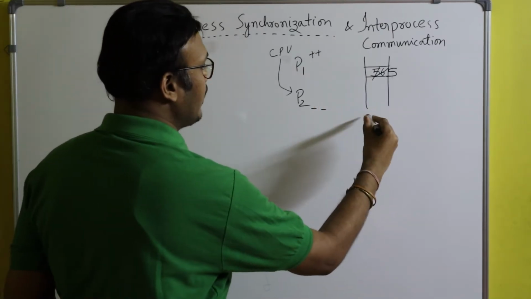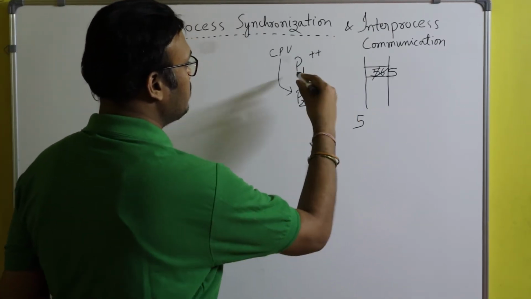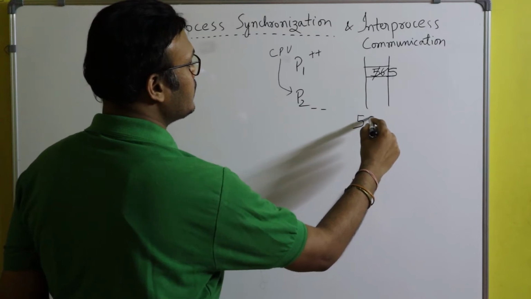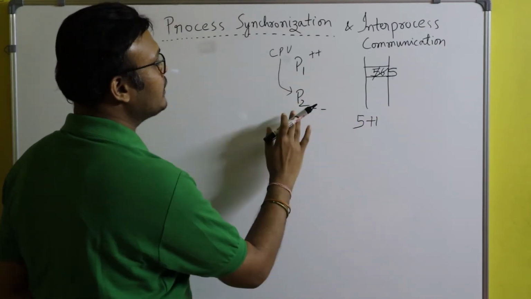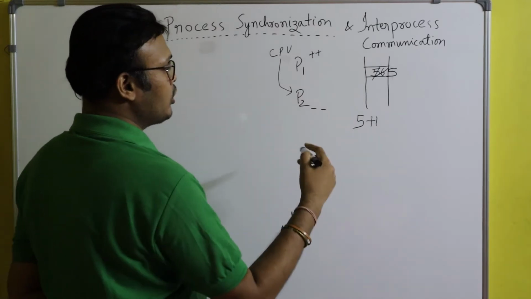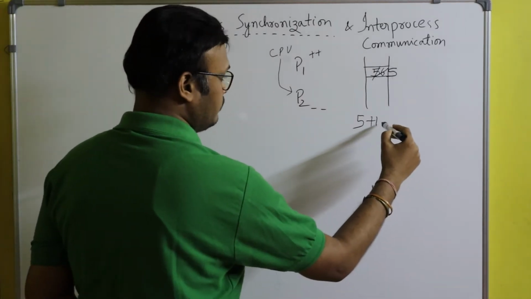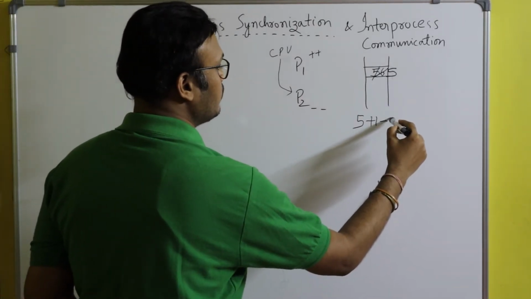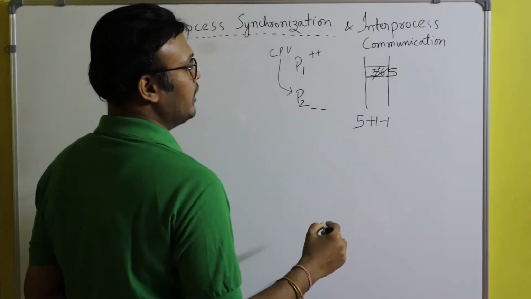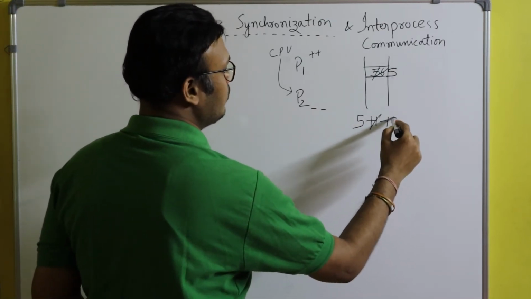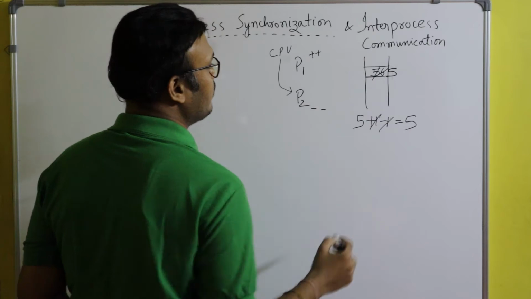Initially the value was 5, then process P1 added 1 to it. After that, when the CPU was given to process P2, P2 decremented 1 from it. So ultimately the 1 cancels and we got 5 as the final value.